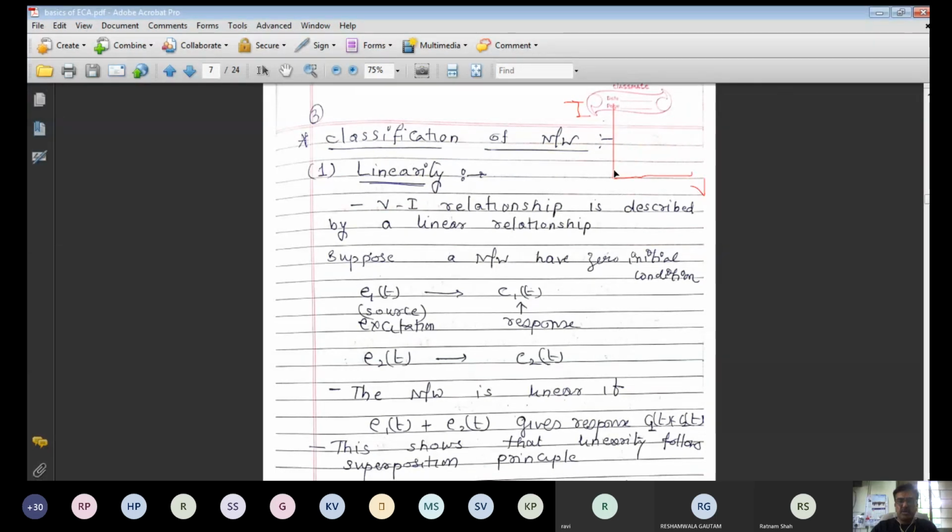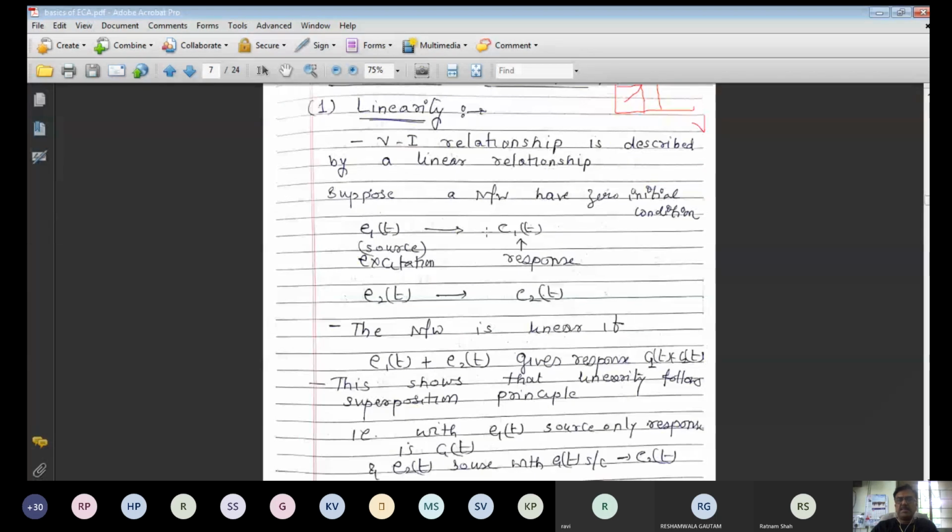You have to assume this is a straight line, because it is not possible to draw an exact straight line. That means at any point of V there is a corresponding I: V1 gives I1, V2 gives I2.